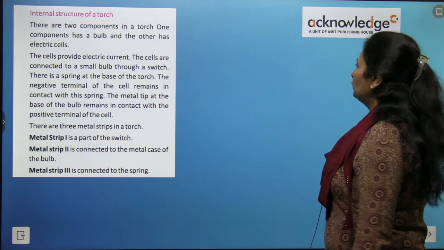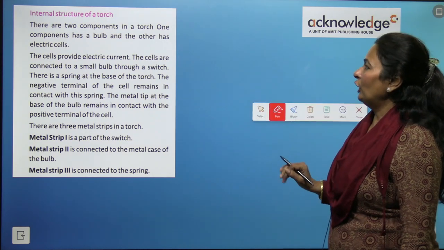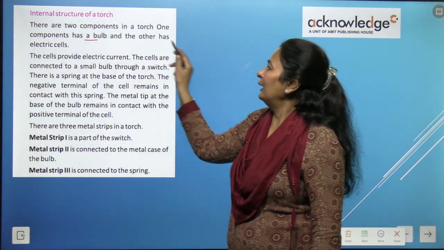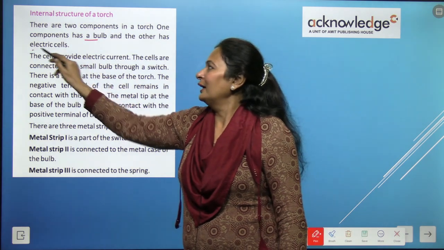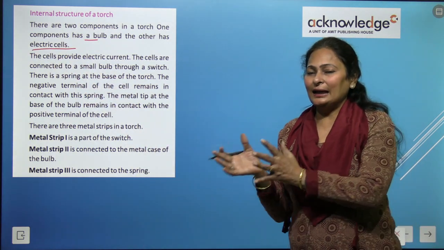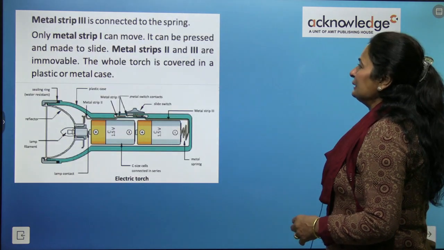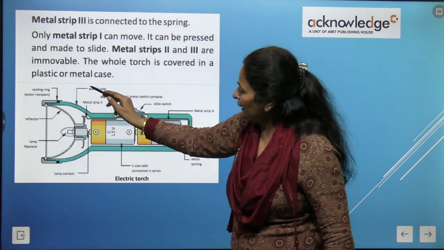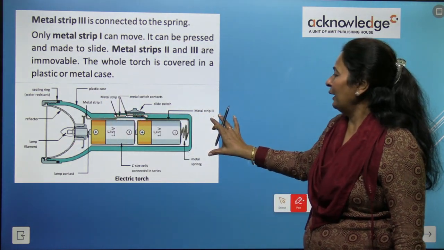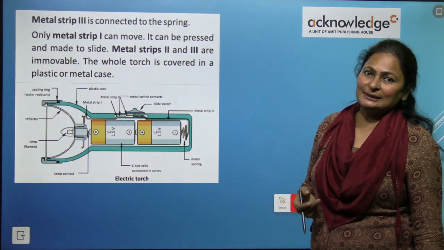So the internal structure of a torch: there are two components in a torch. One component has a bulb and the other has the electric cell, right? We have just seen the electric cell and the other part which has cells in it. So this is the first part where the bulb is placed, and this is the second part which has cells placed in it, right?